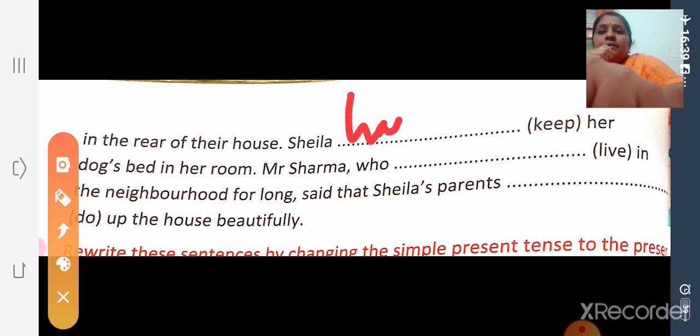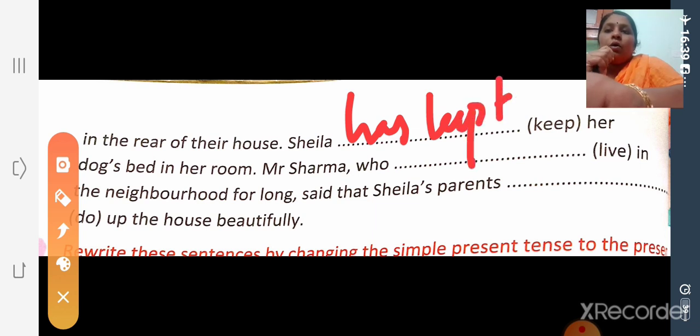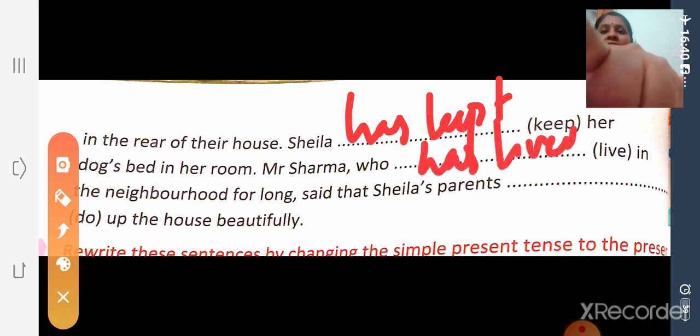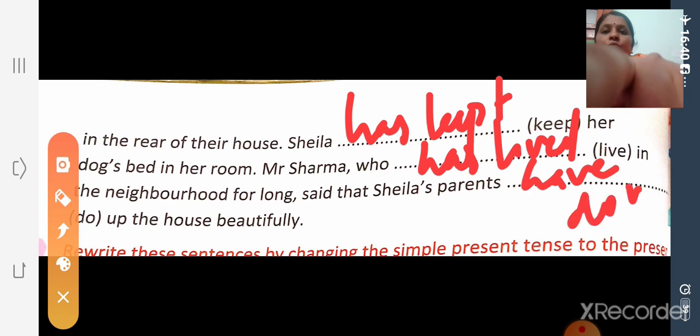Sheila has kept, KEPT. Sheila has kept her dog's bed in her room. Mr. Sharma, who has lived in the neighborhood for long, said that Sheila's parents have done doന്റെ v3 past participle done the house beautifully.